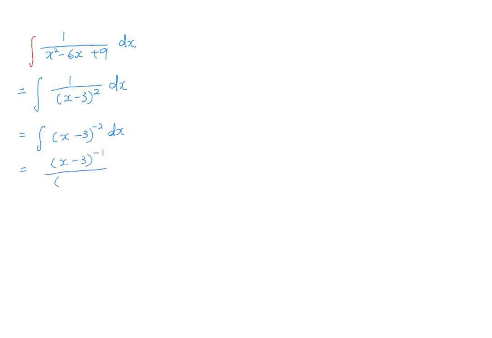One is the new power, the other one is the coefficient of x. Get that habit. Even if the coefficient of x is 1, please write it down. So this will be negative 1 over x minus 3, plus c.